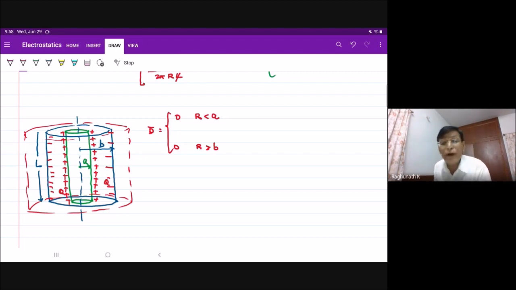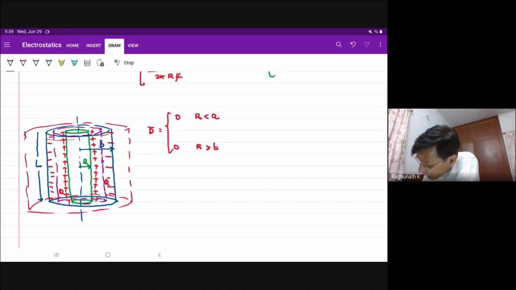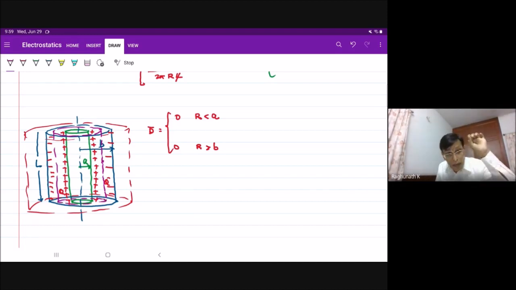Inside, in between, what is it? To determine the field intensity at any R in between A and B, you need to consider an intermediate cylinder of radius R passing through the point of interest, which is coaxial to the given cylinders.